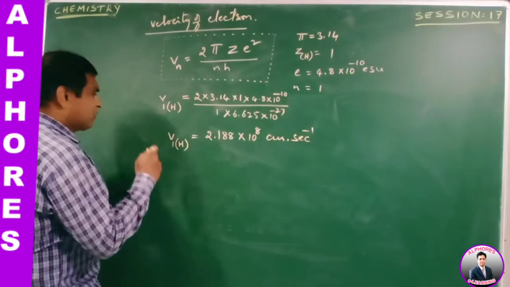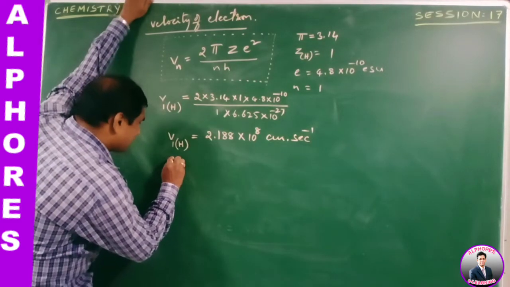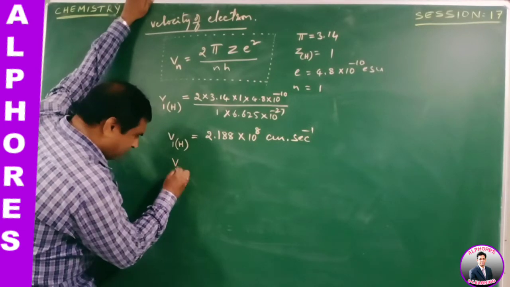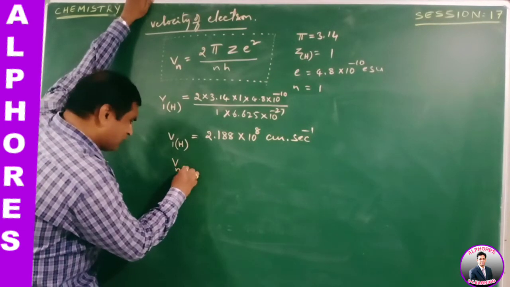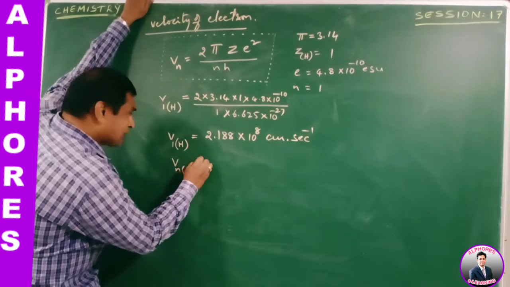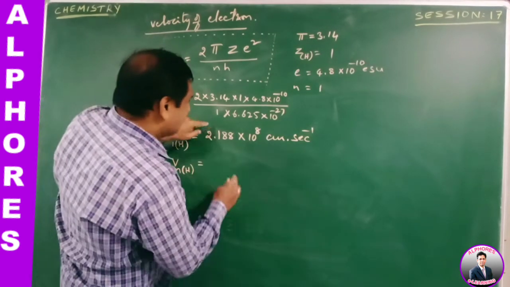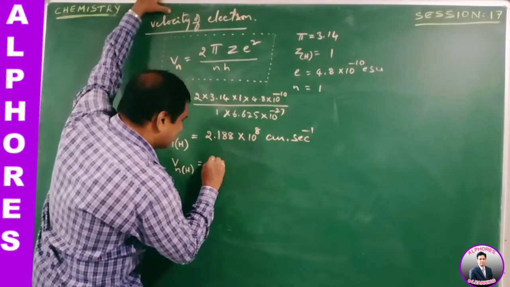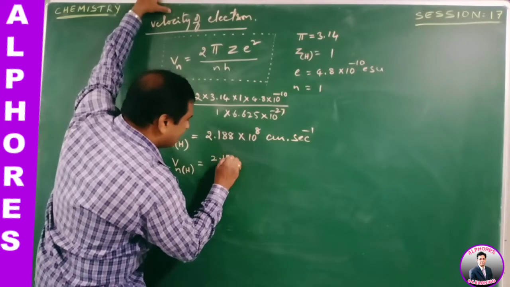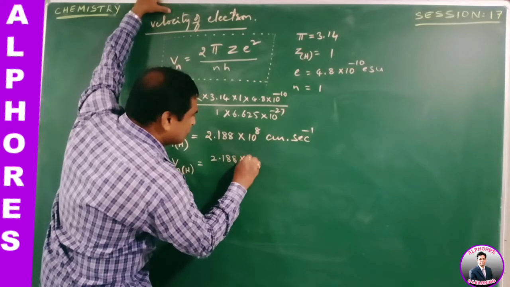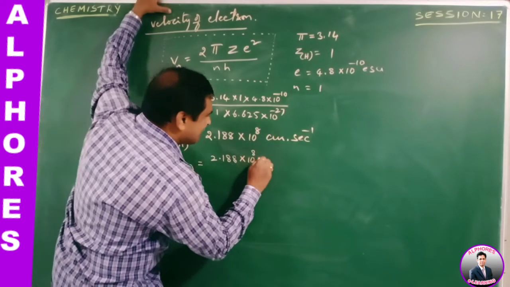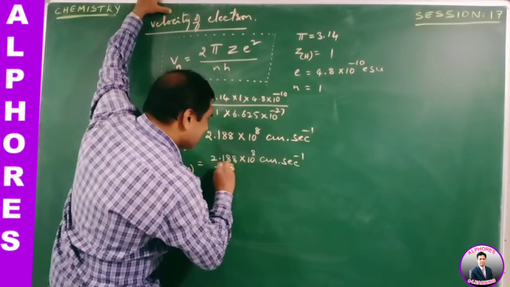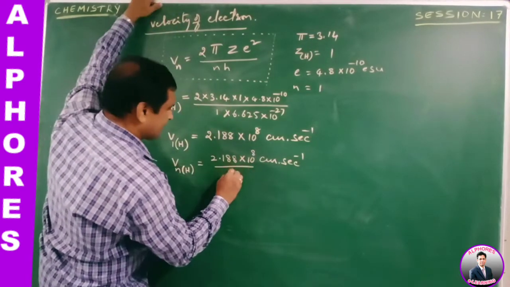For the nth orbit of hydrogen atom, the velocity of the electron in the nth orbit is equal to the velocity in the first orbit, 2.188 into 10 to the power 8 centimeters per second, divided by n.